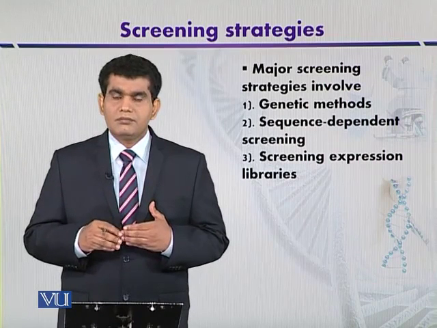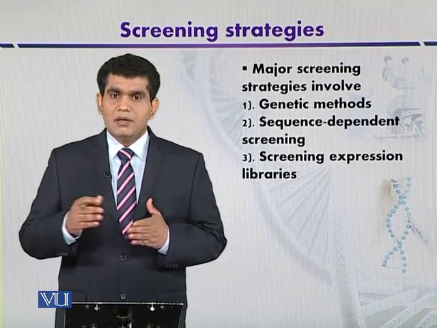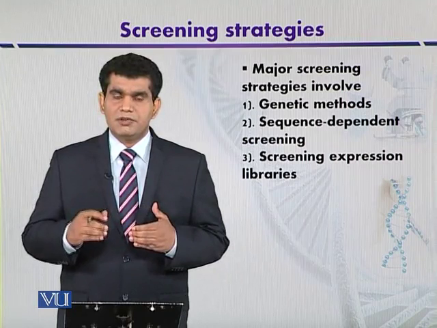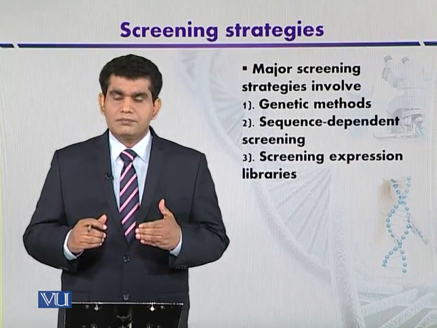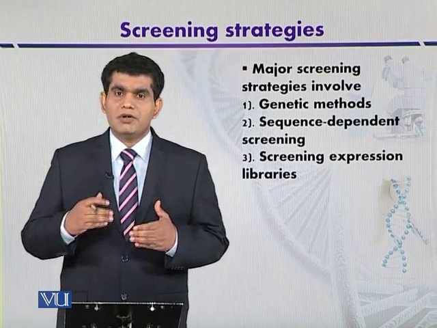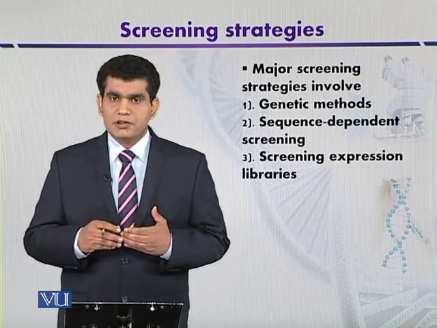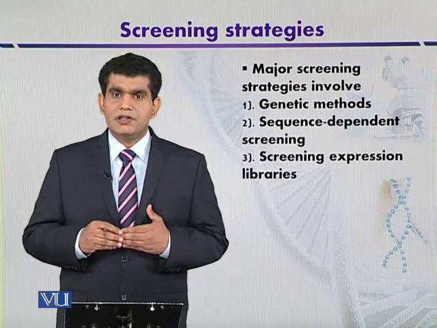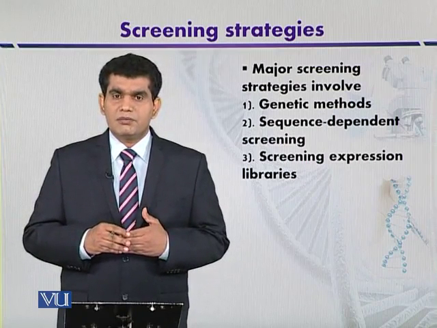libraries. On the other hand, if expression libraries need to be screened, then the prerequisite is that the cloned fragment must be expressed so that it may produce a functional biological product that may be a protein. Now, after expression, the protein can be detected by using different types of techniques.